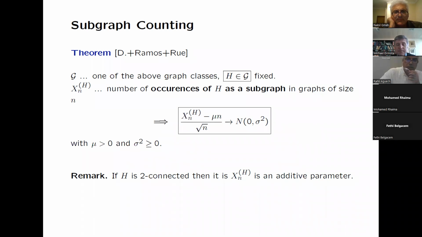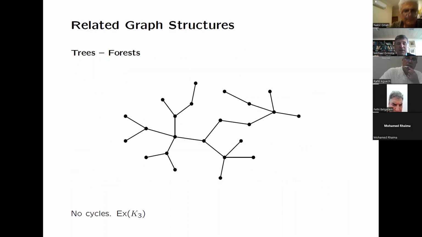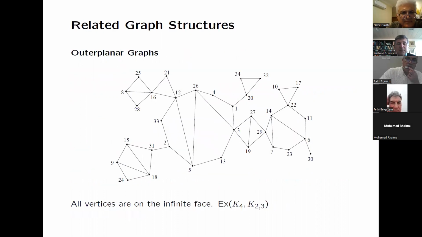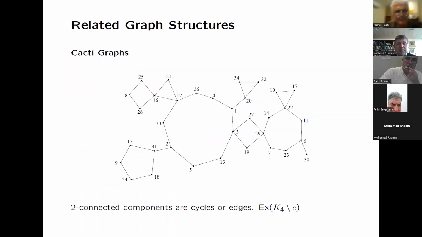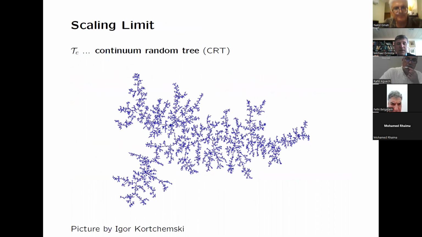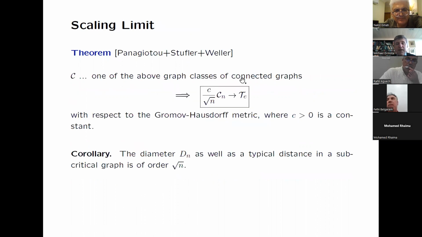And how would you find the diameter of the graph? The diameter D_n? Okay, this is a very nice thing. If you have the scaling limit here, if you divide by square root n, you have a limiting object, and the limiting object has a finite diameter.